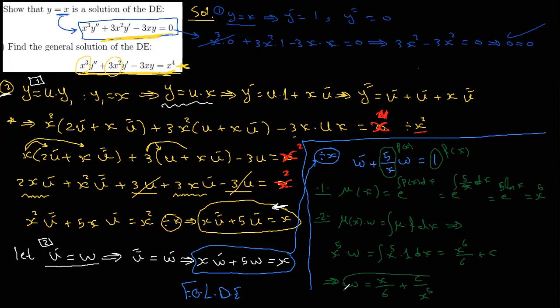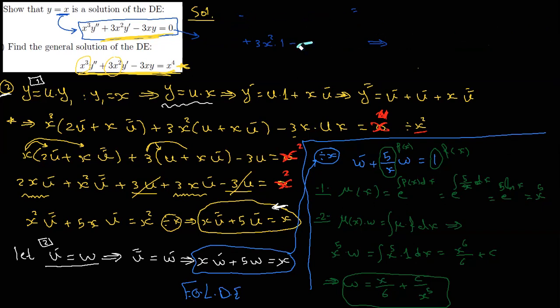This is your w. But I don't need w, I need y. So where should I go back? I think the second one, which is u prime equals w. So I'm going to clean those, I don't need them, and continue writing using the green up here.